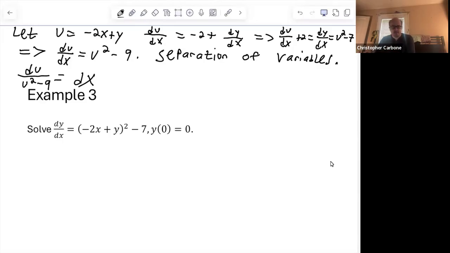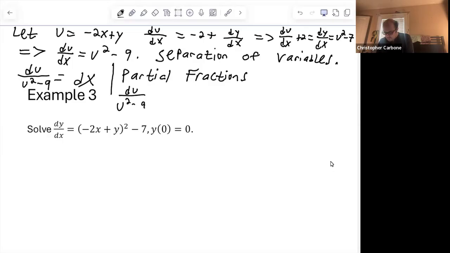So we can't just simply integrate here. We would need to use partial fractions, which we've seen earlier. I will not bore you with going through that process, but it uses that same method. So that du over u squared minus 9, we could factor that denominator: du over u plus 3 times u minus 3.